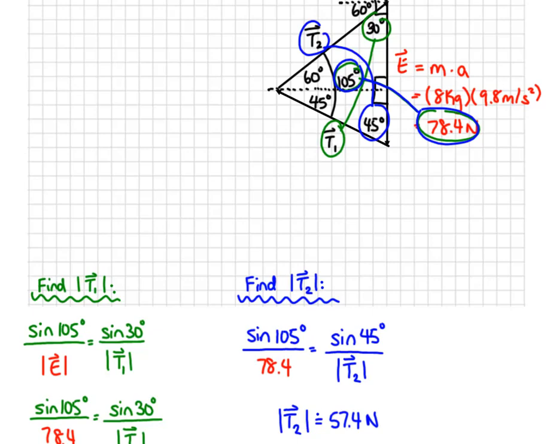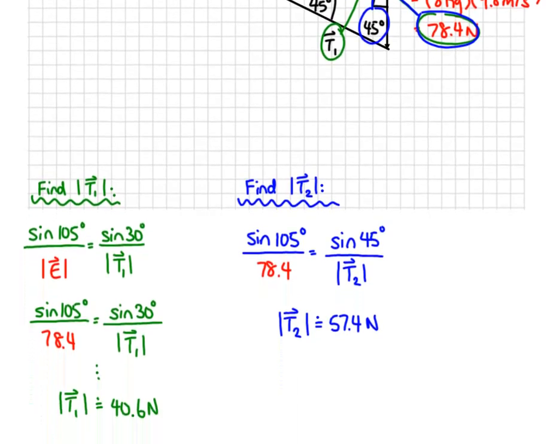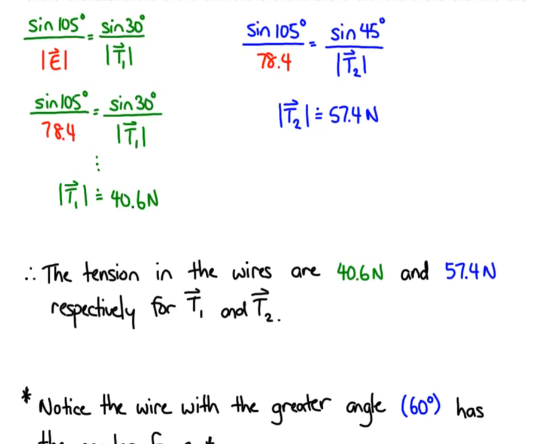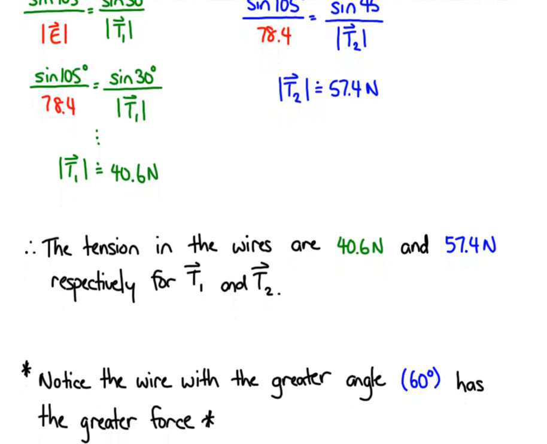Again, this is just trig from grade 10. I got 40.6 newtons for tension 1 and 57.4 newtons for tension 2. I put a note at the bottom that says the greater the angle, remember one of them had an angle of 60 degrees, would normally have a greater force, and that's what we see.